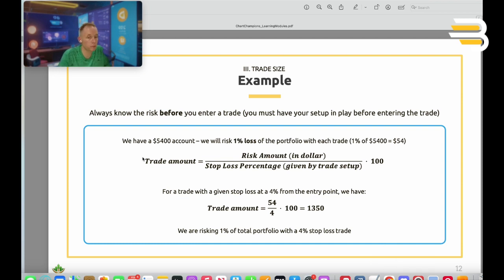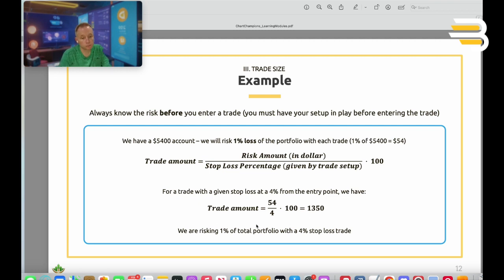We take our trade amount, which equals our risk amount in dollars divided by our stop loss percentage, times 100. So for a trade with a given stop loss of 4% from the entry point, we have 54 divided by 4 times 100 equals 1350.